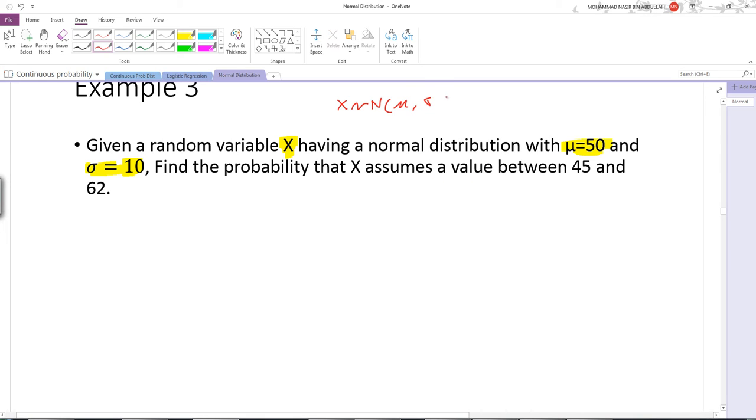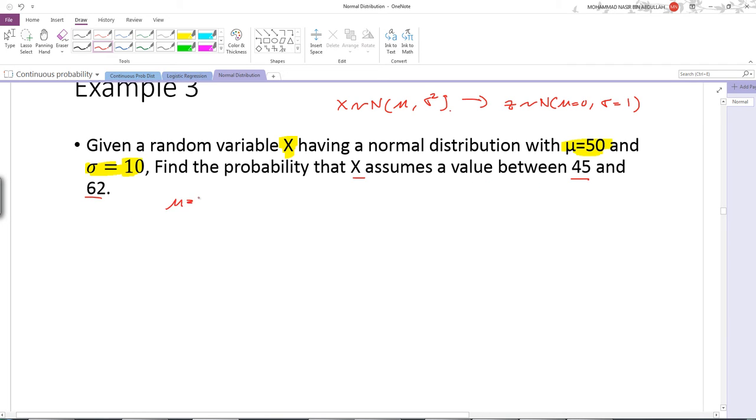Standard variance, right? So when you want to convert to Z distribution, it should be mean equal to 0 and standard deviation equal to 1, right?